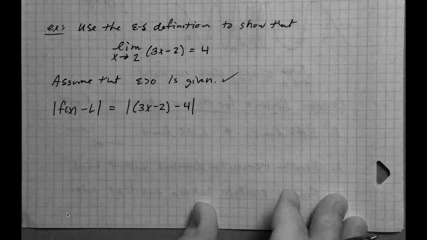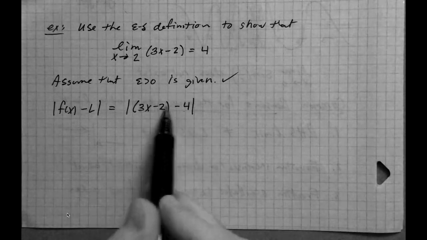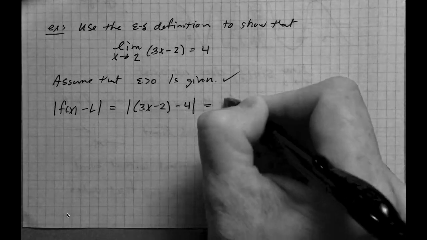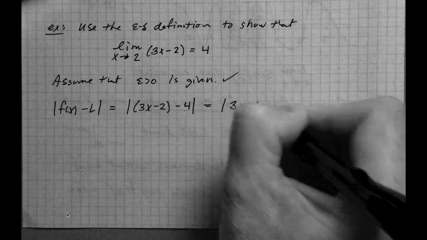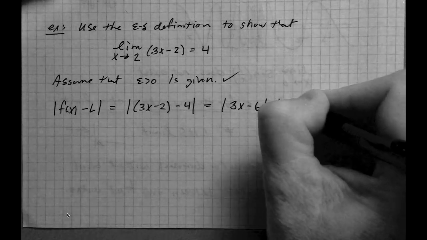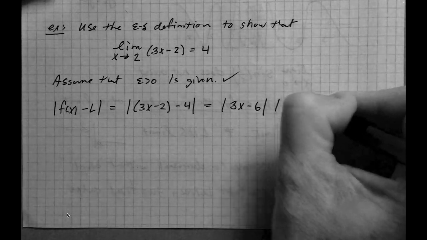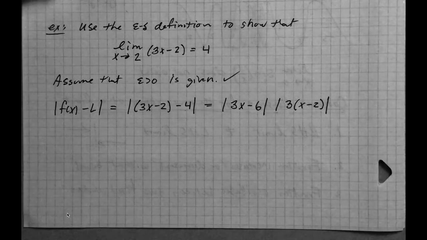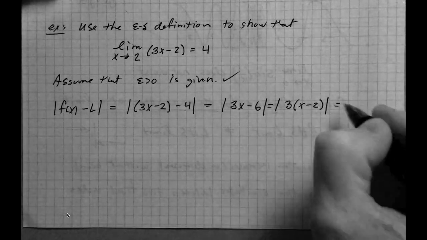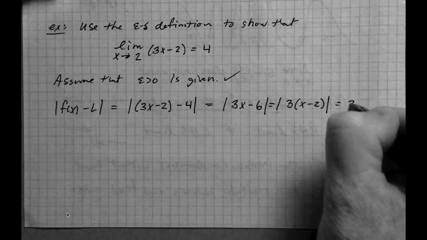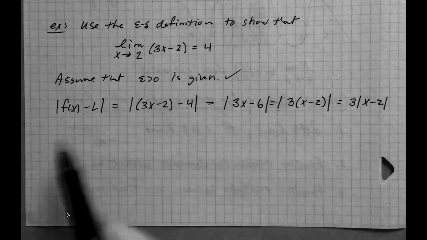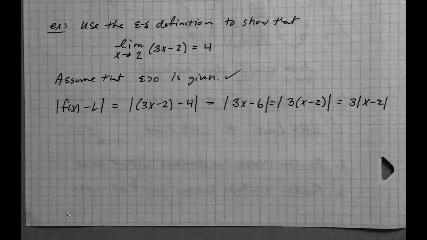And I can do some work here, and you can see that I get 3x minus 6. Then I can even do some factoring inside, and I get 3 times x minus 2, like so. And ultimately I can pull the 3 out because the absolute value of 3 is 3. So it's 3 times the absolute value of x minus 2. Okay, so there's some work that can be done with this piece here.